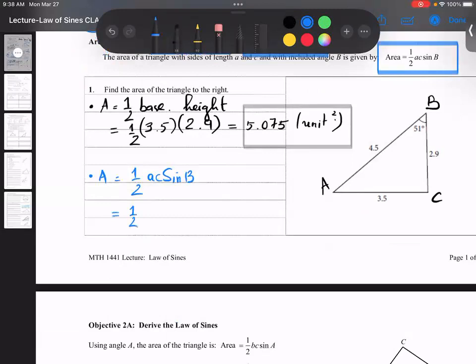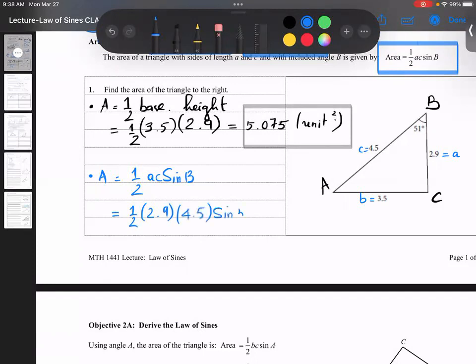Don't check that now; check the blue one, which is more important. If it's the same answer, then you know you got it right. 1/2 a is 2.9, c is 4.5, so that's your little c, opposite angle big C. Here's your little a opposite big A, and here's your little b opposite big B. C will be 4.9.